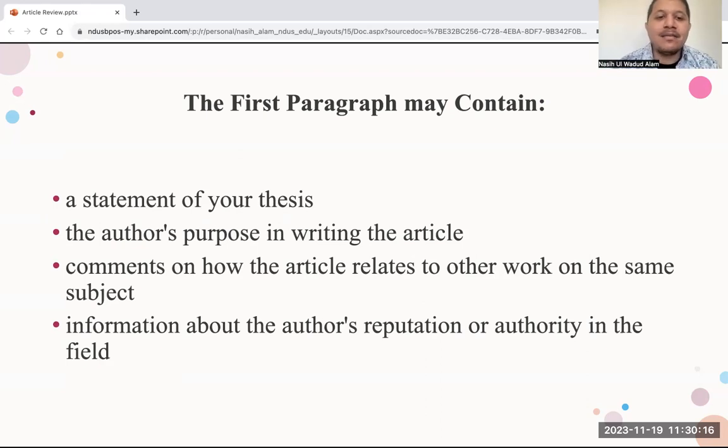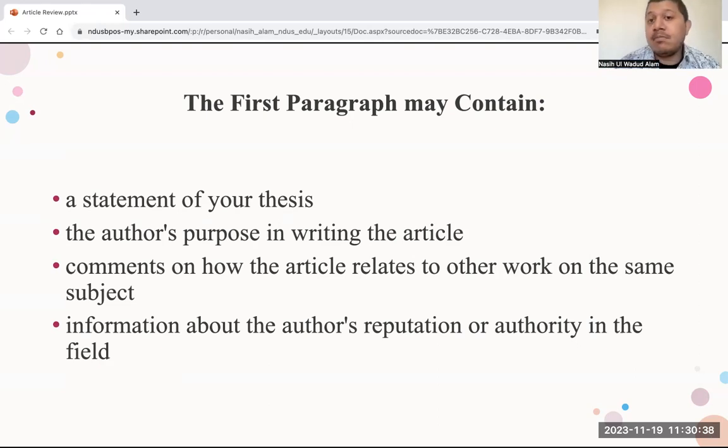Then discuss the writer's purpose, how he is conveying his messages, how he is targeting his intended audience, what his genre is, and what the situation is.